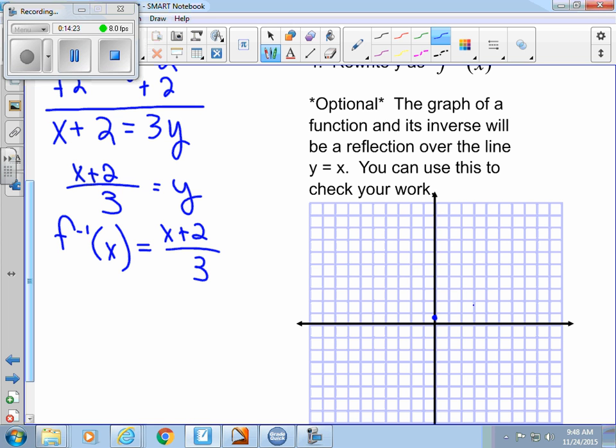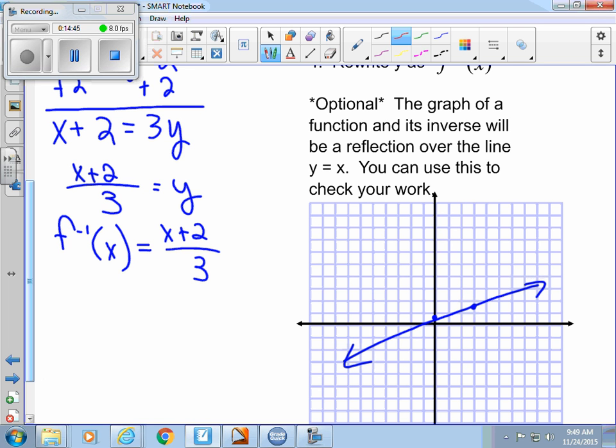Rise 1/3. Graph it in your calculator. So that is the inverse. The y-intercept is 2/3. I just rewrote y as f inverse, so it's x plus 2 over 3.